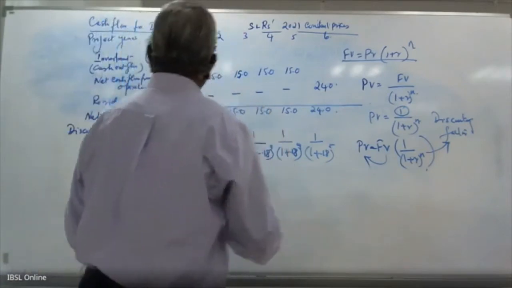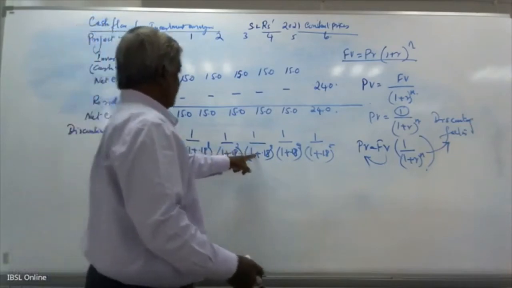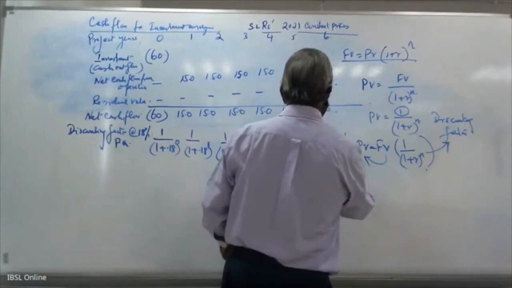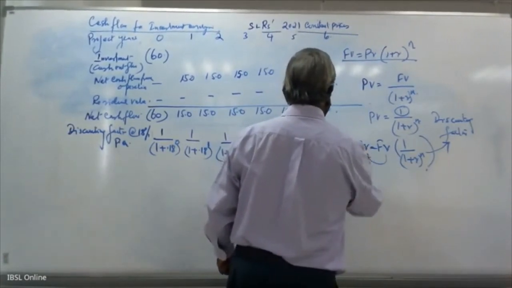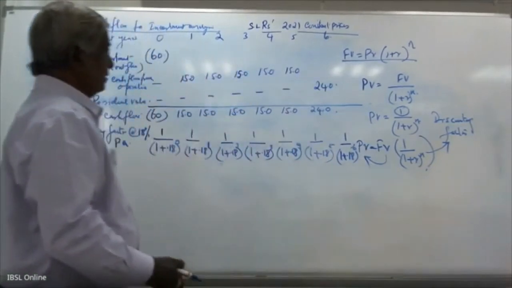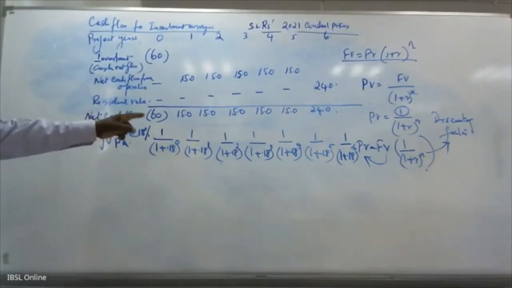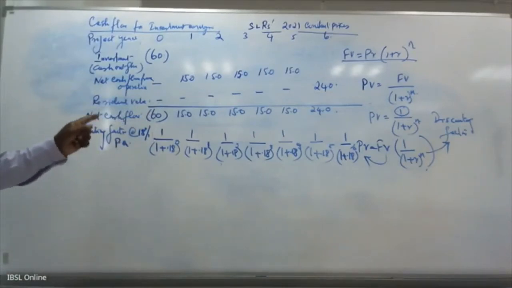Right. Here 0, 1, 2, 3, 4, 5. Here 6, 1 divided by 1 plus 0.18 to the power 6. This is the discounting factor at 18% per annum for various periods.